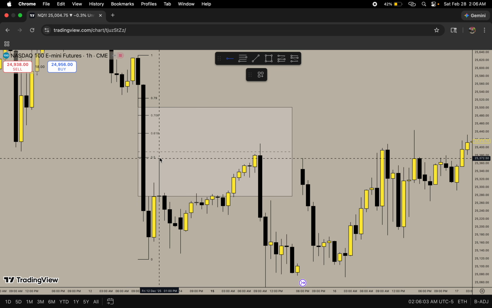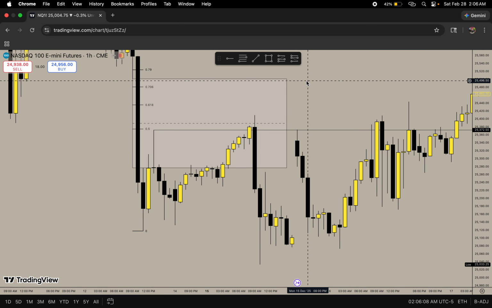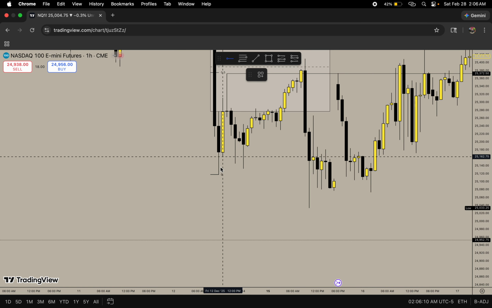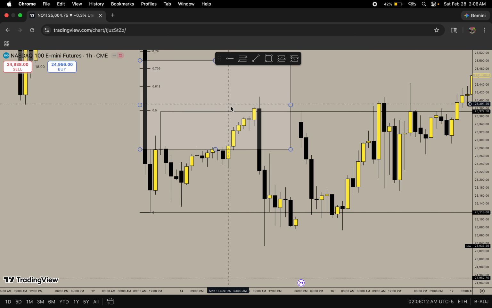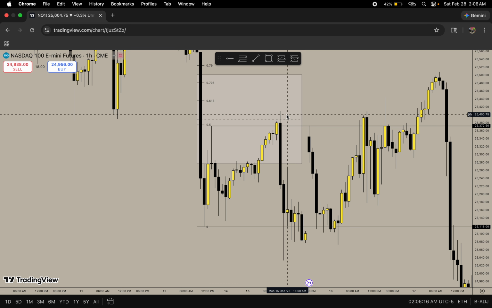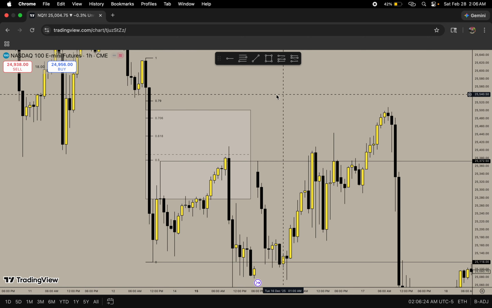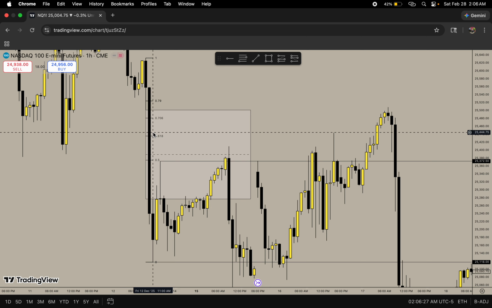Yep. Price takes out this high, wicks above the CE. You have this low here. 5 minutes probably not gonna let me go back this far, but you get it. 0.5, 0.6 from here to here. That's the gap. There's no gaps above here.